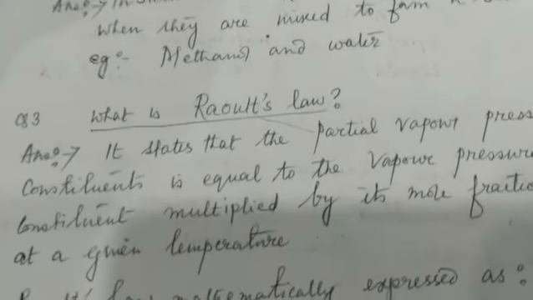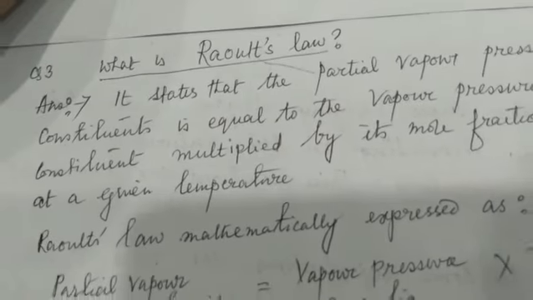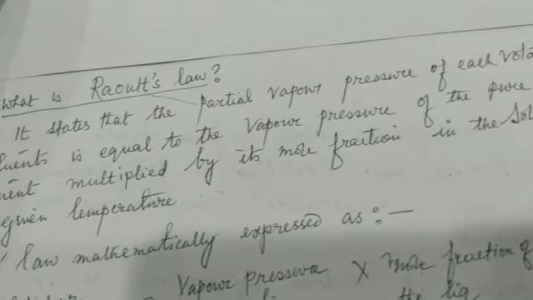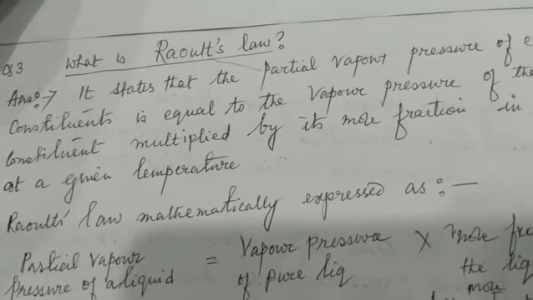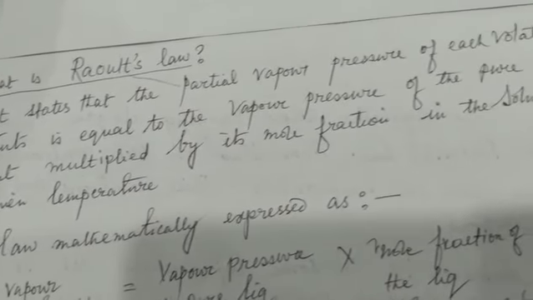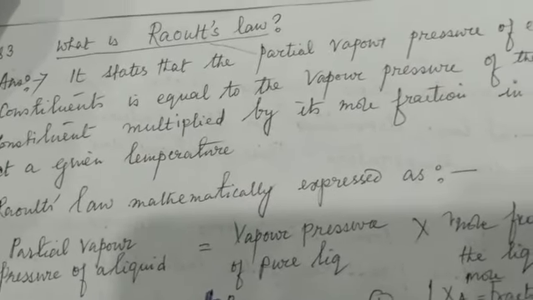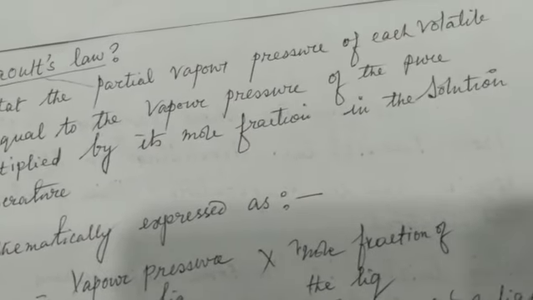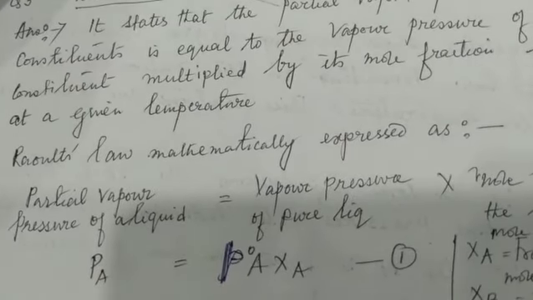The third question is, what is Raoult's law? Raoult's law states that the partial vapor pressure of each volatile constituent is equal to the vapor pressure of the pure constituent multiplied by its mole fraction in the solution at a given temperature.